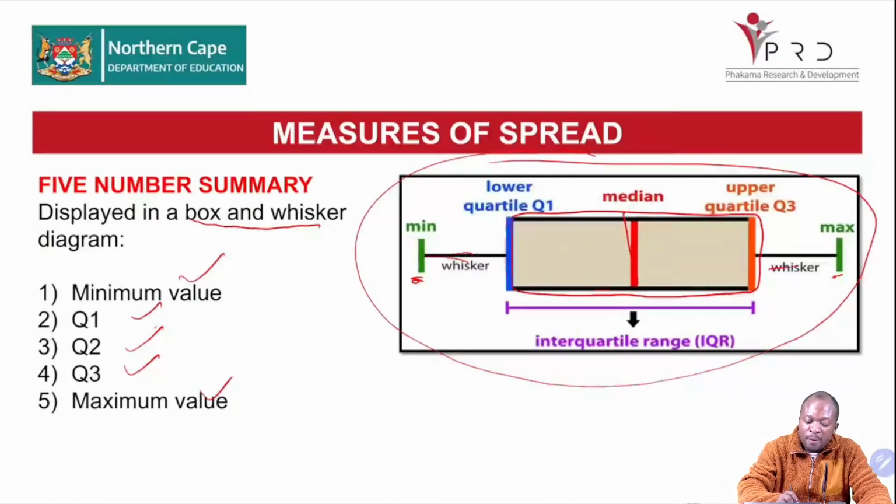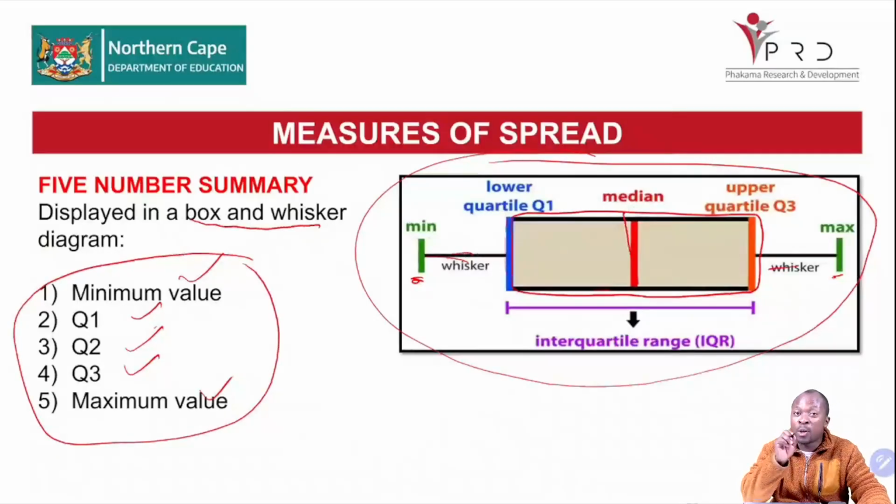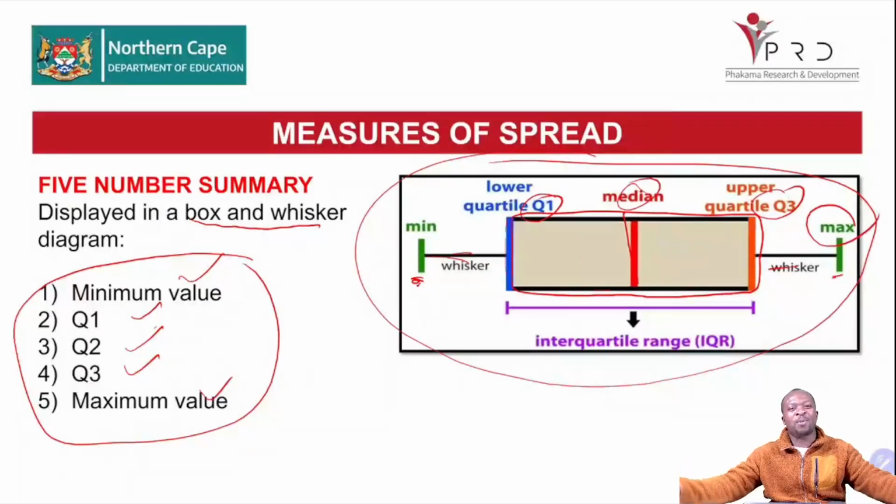We use the 5-number summary. So if you look closely, we have minimum, Q1, Q2, Q3, and maximum. When you put them together, you get what you call the box and whisker plot. In examination, the examiner is not going to be asking you to plot. Yours is to interpret the box and whisker diagram.